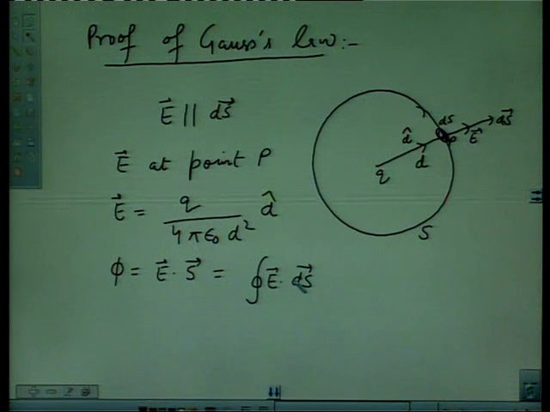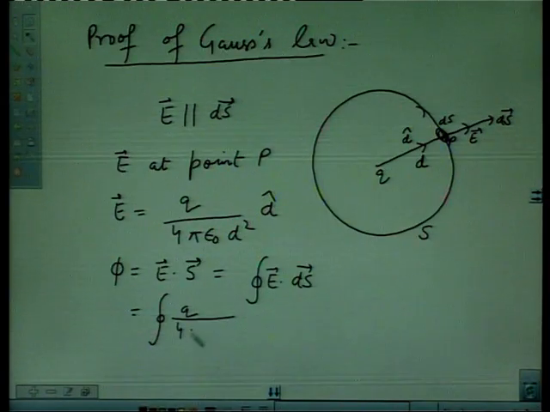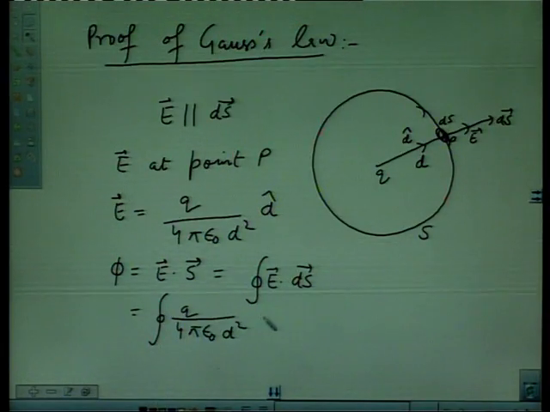So, putting the value of E, we have q upon 4 pi epsilon naught d square d cap dot ds vector.